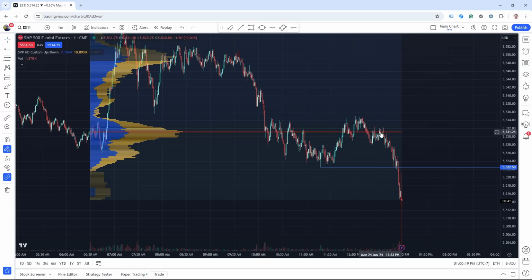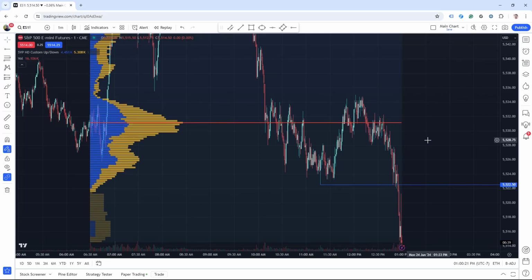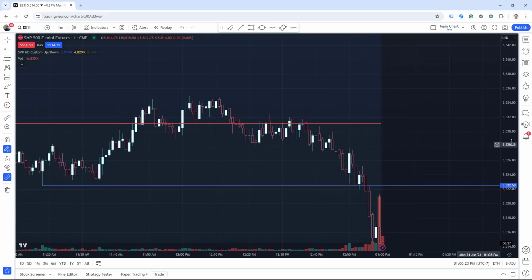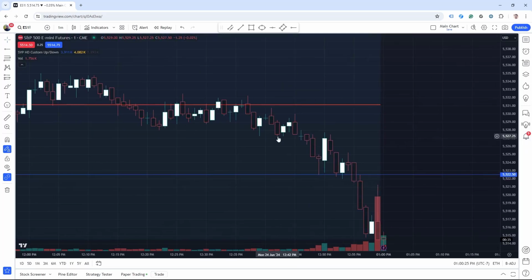And as it started to trade down, if we zoom in here on the 1 minute, we can see that as soon as it hit 22.5, which was the value low, it retraced about 5 points from that. So that could have been a good scalp potential, especially going into the close. I was looking at this to develop a trade thesis and idea.